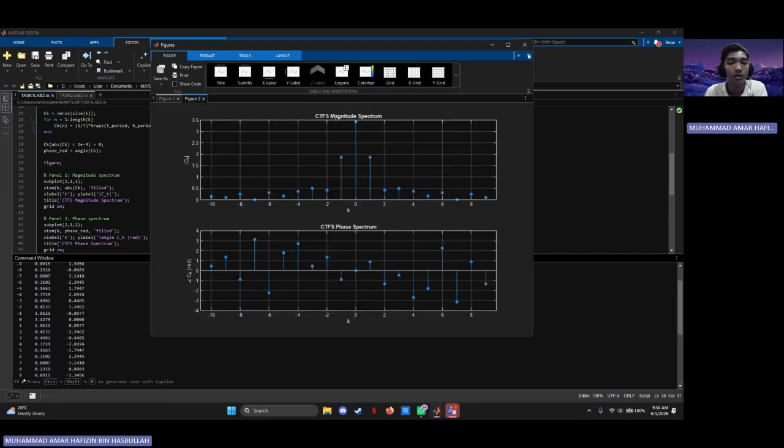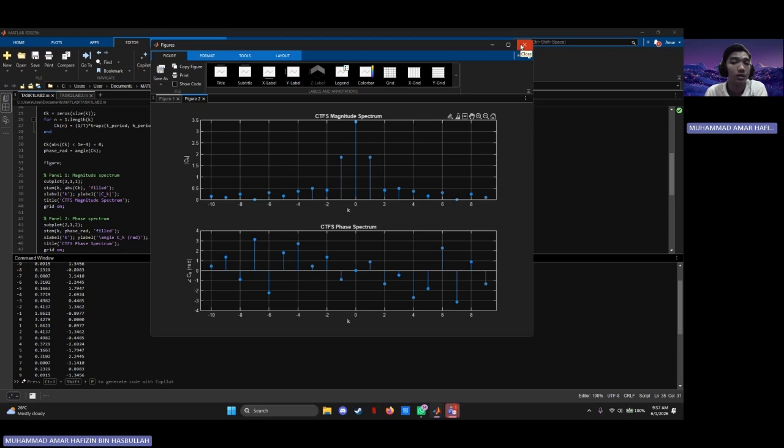This one is the magnitude spectrum and this is the phase spectrum. Because we know the Fourier coefficients are complex numbers, they need to be separated so that it is easy to see.